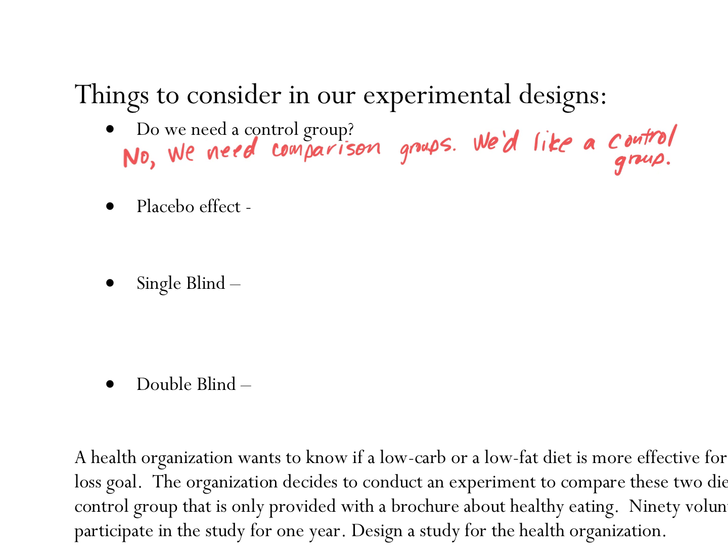I can't have a control group for a group. Like I could have some group that uses the program, some that uses the current program that I'm using, like in terms of the way I think through stuff, right? All right. But both groups would still be receiving statistics instruction, right? There would be no control group there.